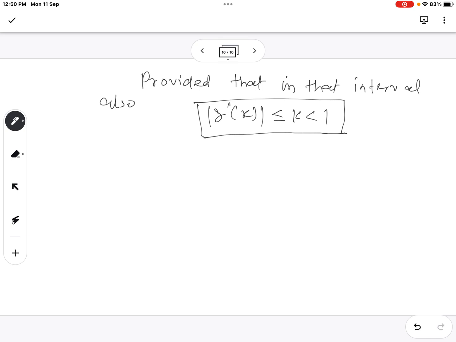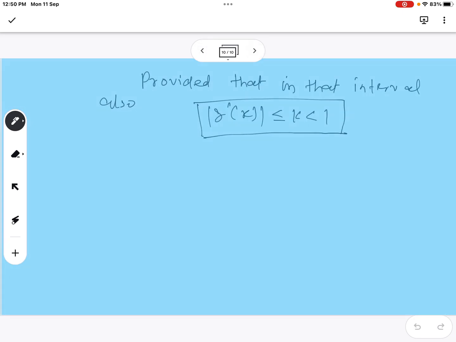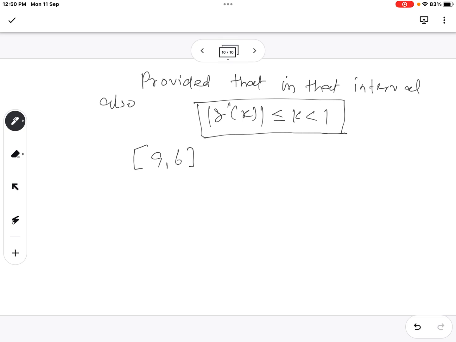So even if we start with an initial approximation outside the interval, let us say a and b is our interval within which the root lies, we can start from any value outside this. The only condition is that at those values also this particular condition must be satisfied, and if it is satisfied, then we can start with any initial approximation outside this interval as well, and they will converge to the root.